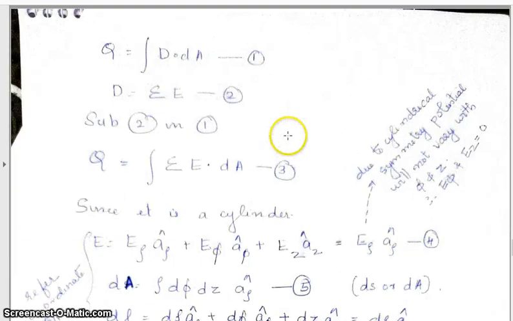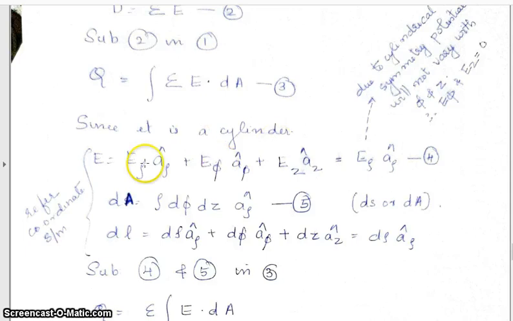structure. So since it is a cylinder, you have studied E is equal to E rho A rho plus E phi A phi plus E z A z in our coordinate system. In a cylindrical coordinate system, the points are represented using 3 coordinates, that is rho, phi and z.